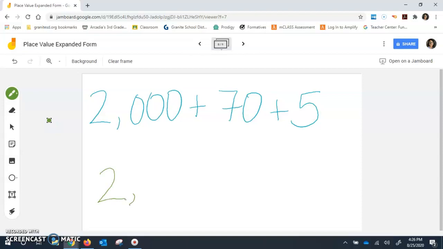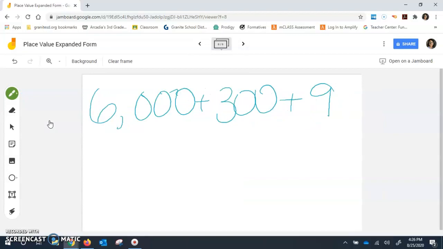I go to the next one, and that is a 70. So that's in the tens place, not the hundreds place. So since there's nothing in between my thousands and my tens place, I need to hold it with a 0. Then I have 7 here for my 70, and then 5. I've added these numbers together, and I've got 2,075.